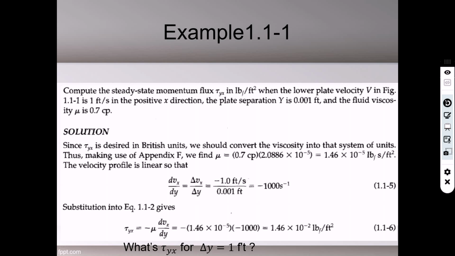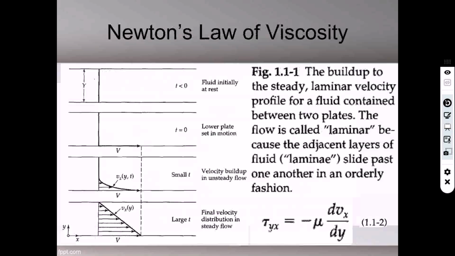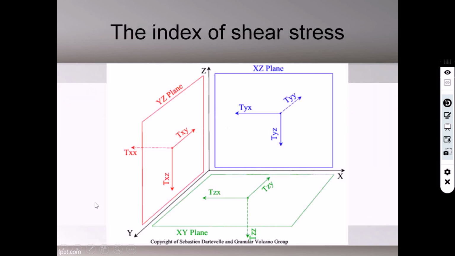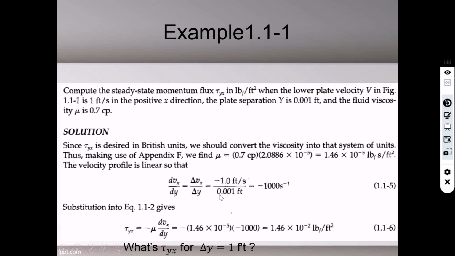So the difference of velocity should be 1, actually minus 1, depending on the coordinate, because of how we chose it. If you have a higher y, you actually have lower velocity, so that becomes minus 1. And then delta y is easy, the distance between the two plates.